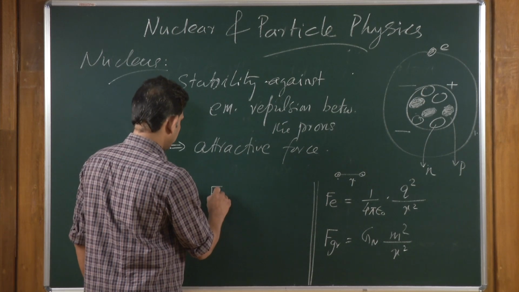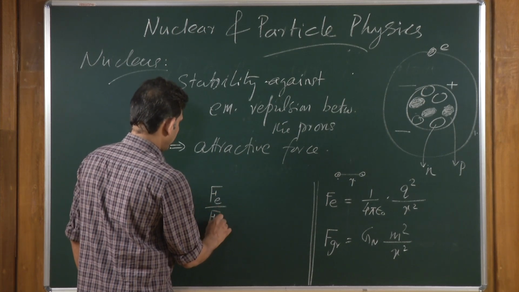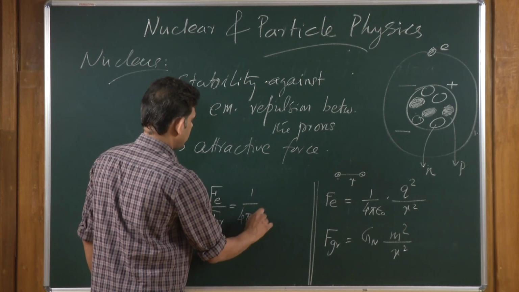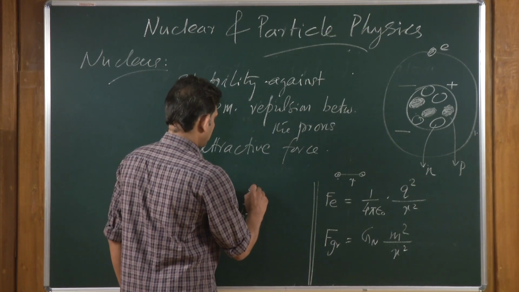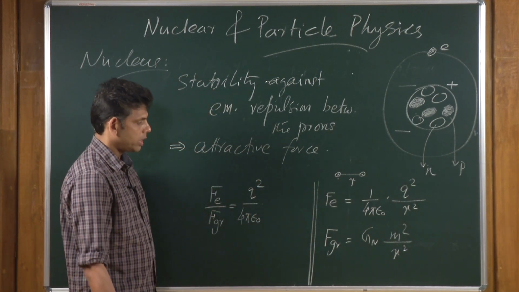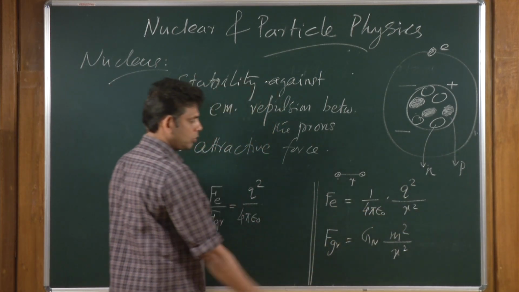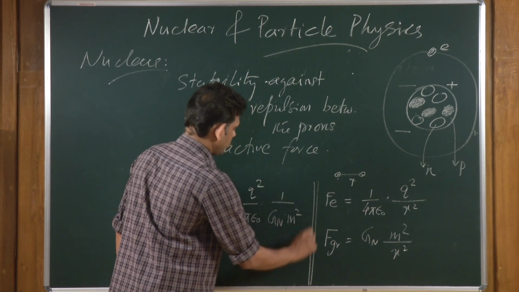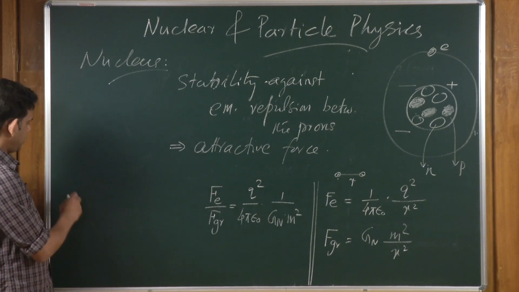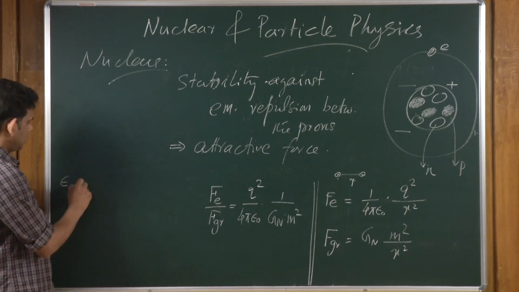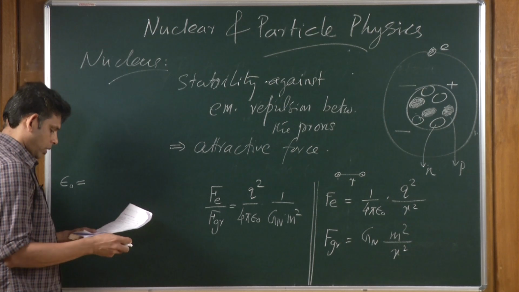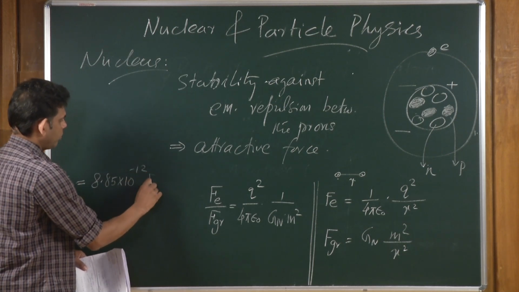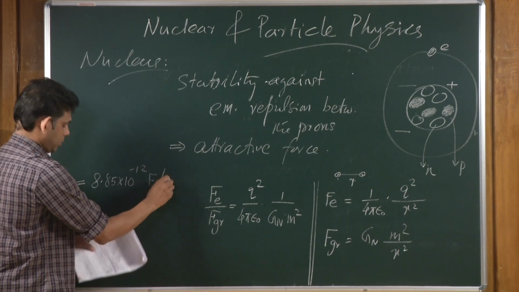So, let us take the ratio of the electric force and the gravitational force. You will get 1 over 4 pi epsilon 0 q square in the numerator, r square cancels when you take the ratio, and G_N and m square in the denominator. We need epsilon 0, which is 8.85 into 10 power minus 12 in SI units.